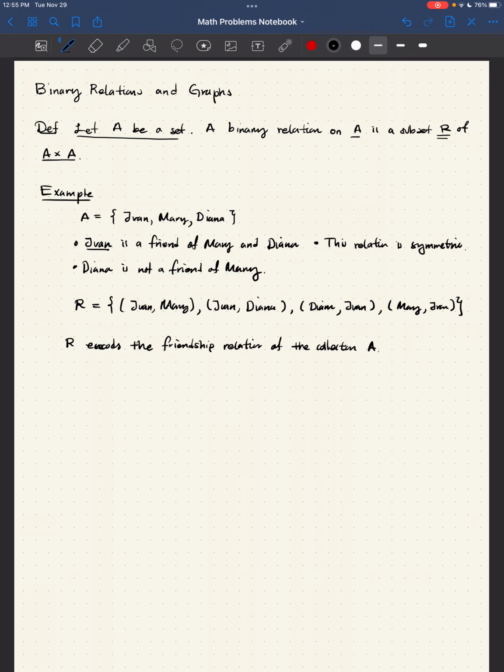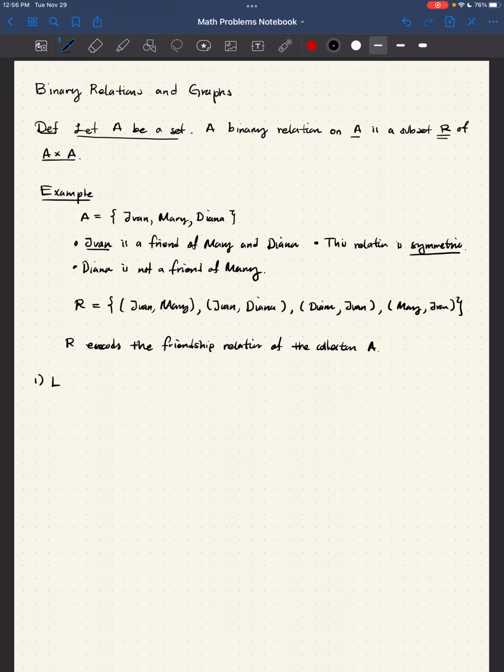Immediately after this, this requires some definitions. We want to classify binary relations in a way that we can distinguish some of the properties. For example, in friendship, there's an expectation that if you're a friend with somebody, that somebody's a friend to you, right? So I'm going to list a series of properties, and then we're going to exemplify them one by one.